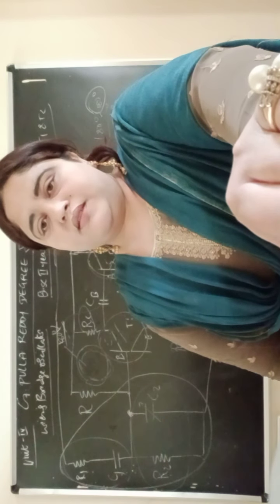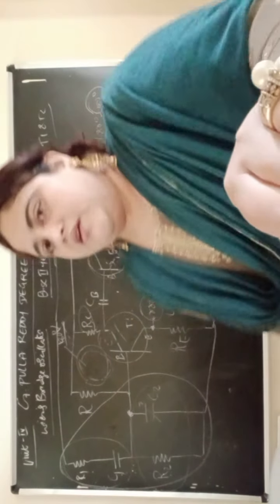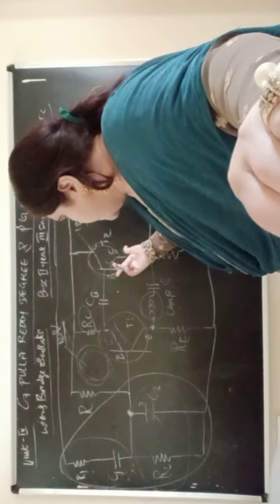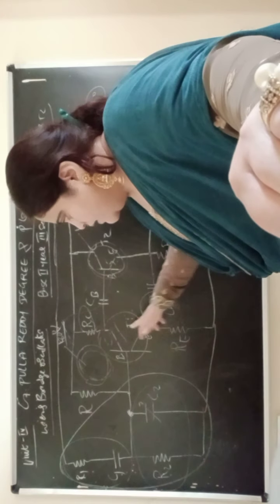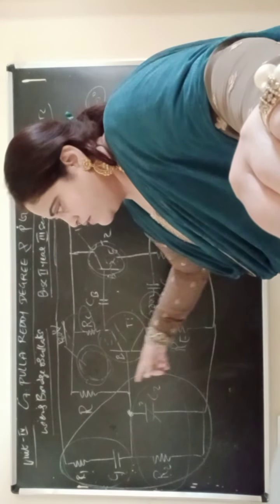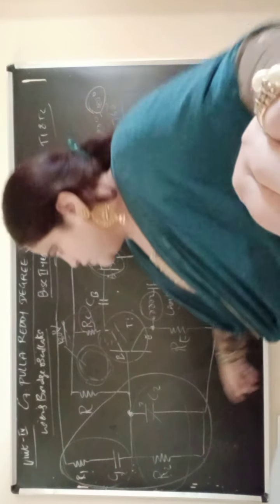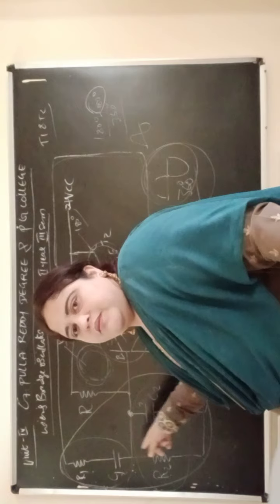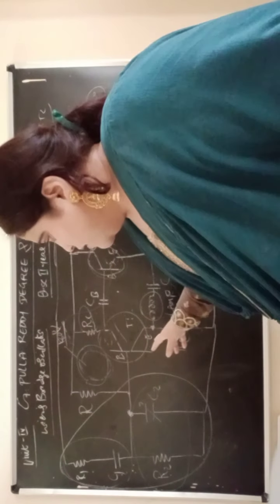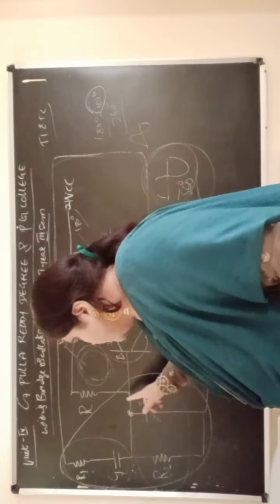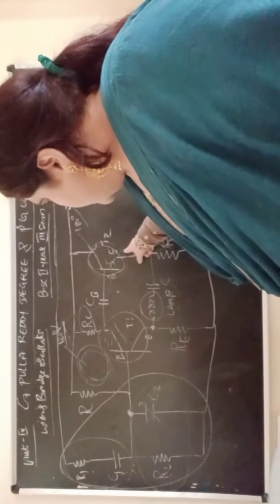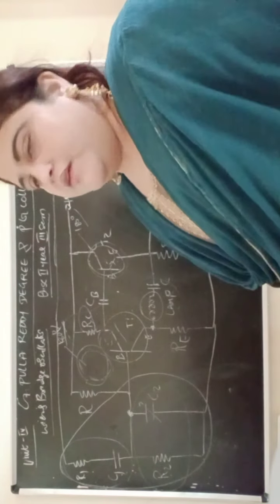Now in this circuit you can see on the blackboard, it consists of two transistors T1 and T2. Circuit description: input of T1 is coming from the Wien bridge network. This is the Wien bridge network R1 C1, which is giving us the feedback. It is giving the input to T1, and output of T1 is going as input to T2.